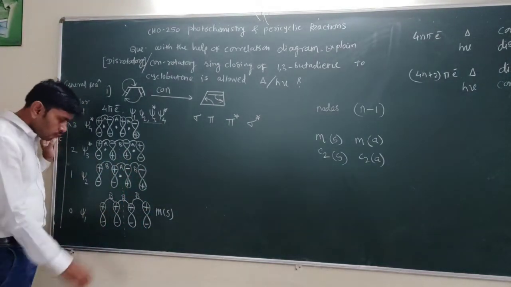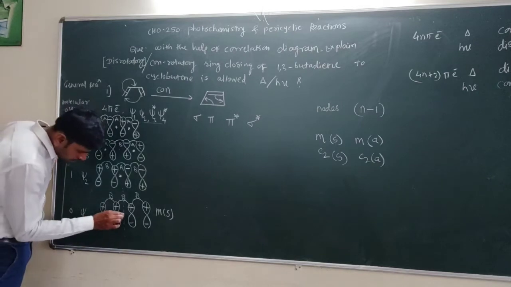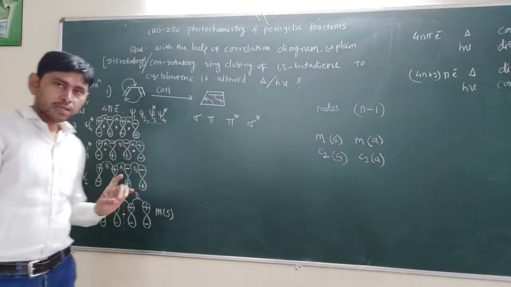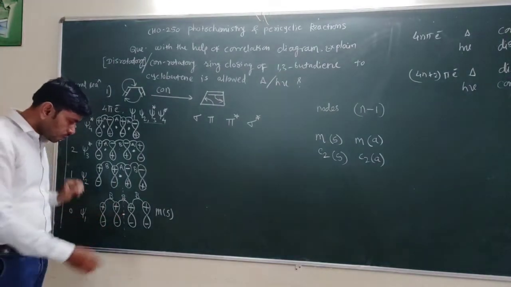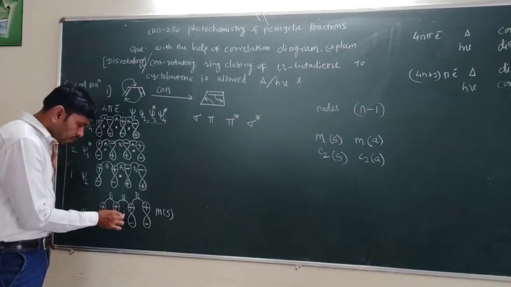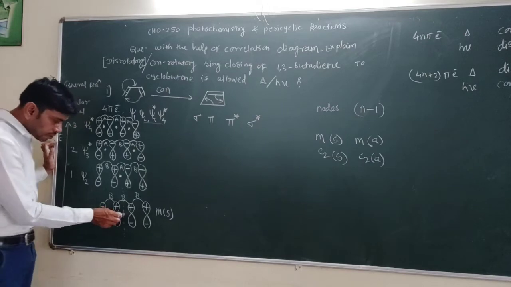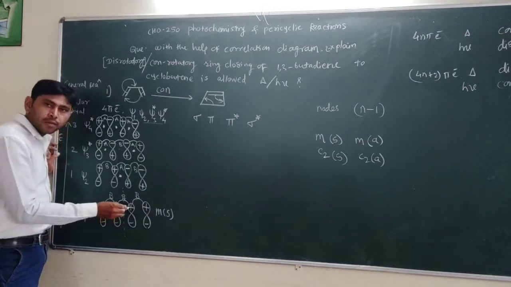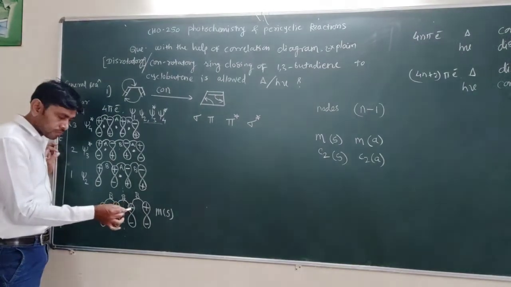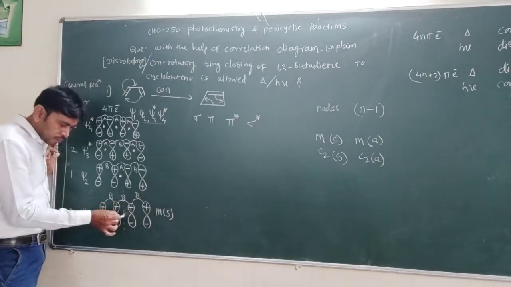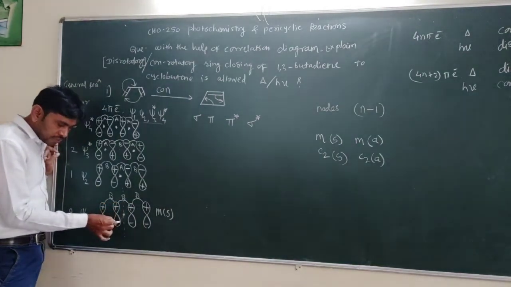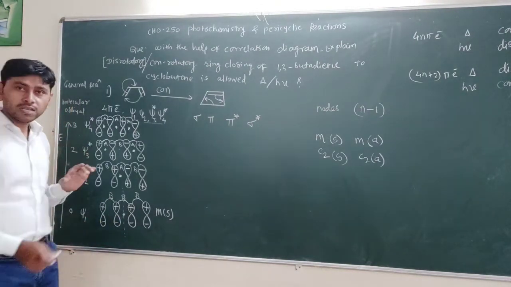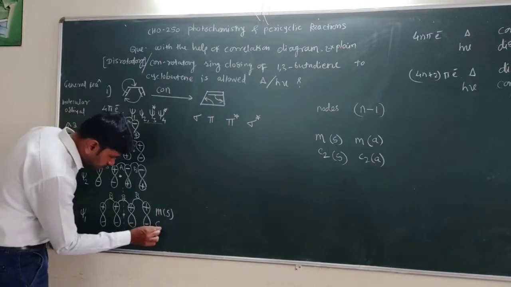Now, what about C2? See the central point. To observe C2 symmetry, the center of symmetry, we have to consider the central point. Now consider the central point and go some distance. What do we observe here? There is a plus sign. And we go the same distance but in the opposite direction. What do we observe? Opposite signs. That means C2 asymmetric.